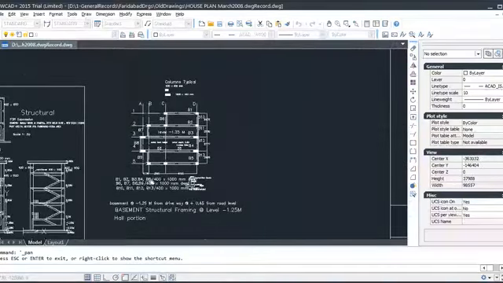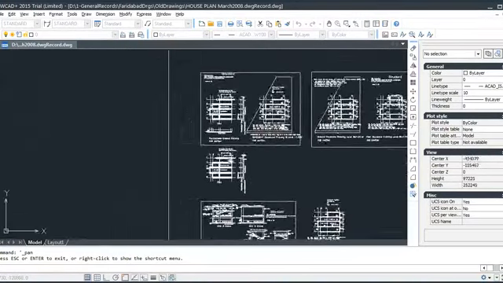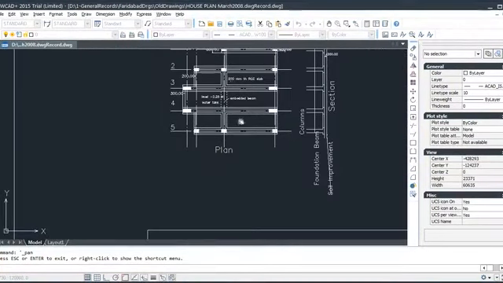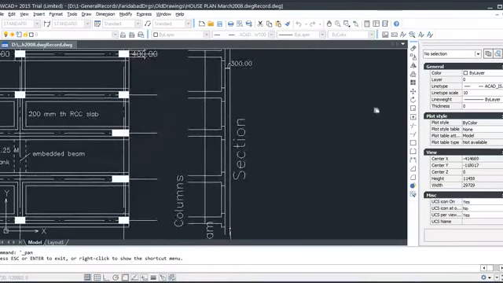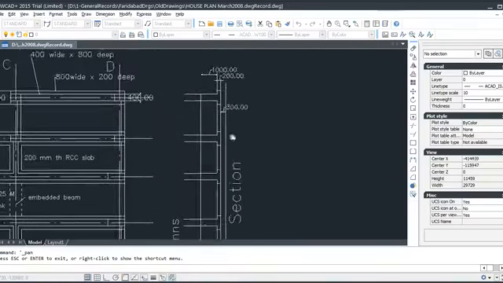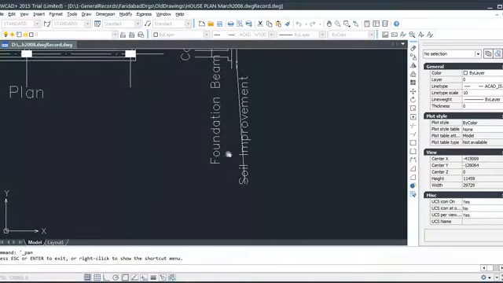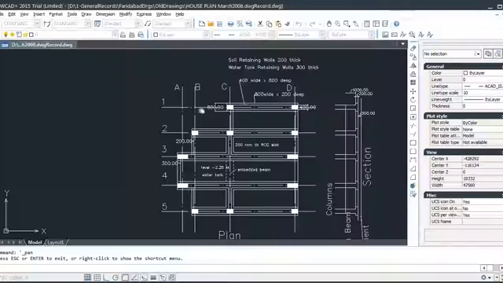If I see the foundation plan, you can see that this is the basement. I'll show the foundation plan so that you will be clear about what I'm talking about. This is the plan, columns, foundation beams. These are the beams which I showed here. These are everywhere, and this is the improvement here, as I said, soil improvement, foundation beams, and these beams go all over. It goes here, it goes all over there.